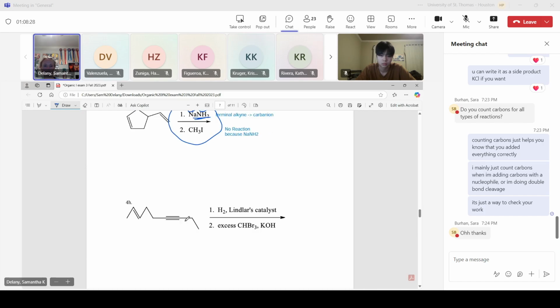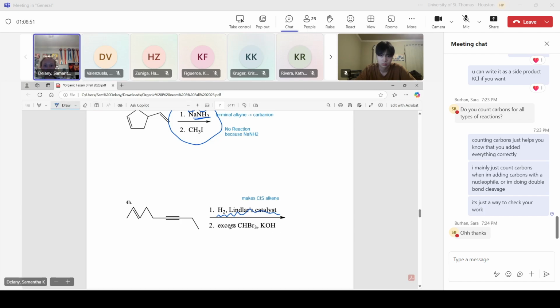Okay, let's look at the next one. We have an alkene and we have an alkyne. In our reactants, we have H2 and Lindlar's catalyst. Well, what does that do? It makes a cis alkene from an alkyne. What else do we have? Excess CHBr3 and KOH.